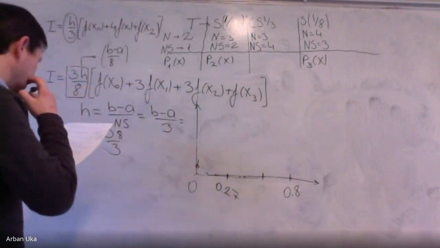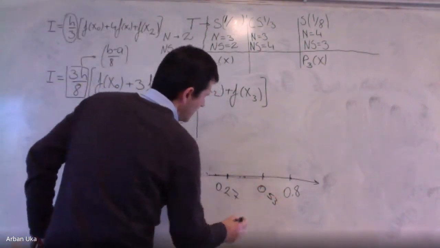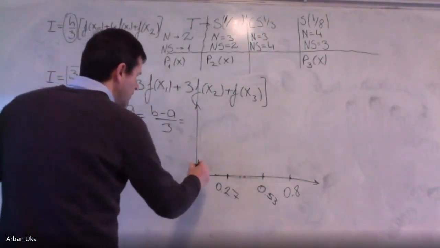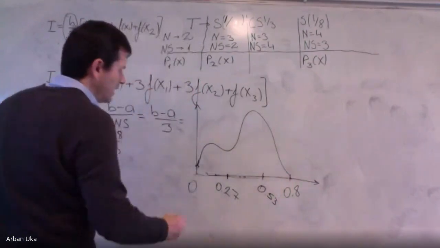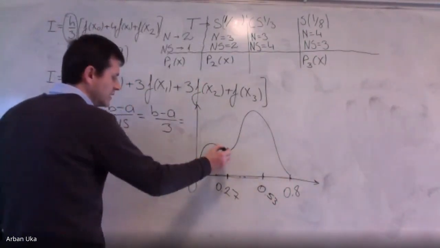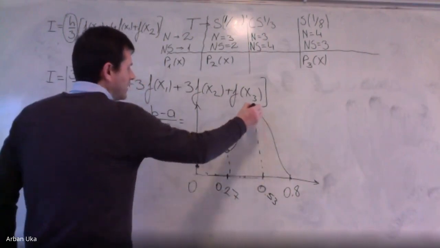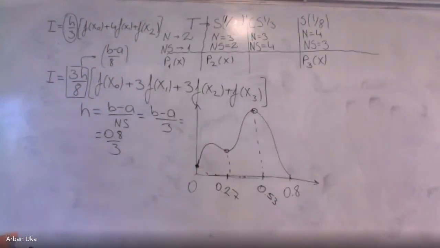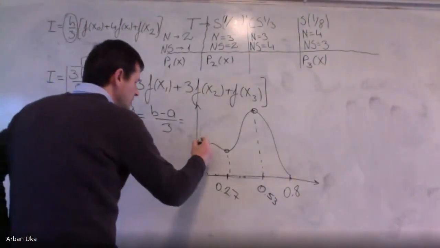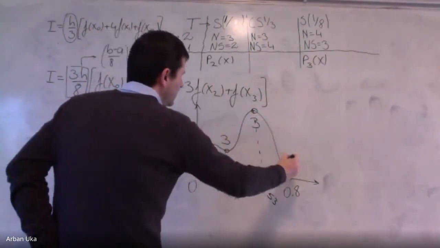And the next point is going to be 0.53. And for sure, we have to track down the function, whatever the shape was, and we need to evaluate the function here, here, here, and here. And then we have to look for the coefficients. The coefficients that we're going to consider are 3 here, 3, 3, and 1.